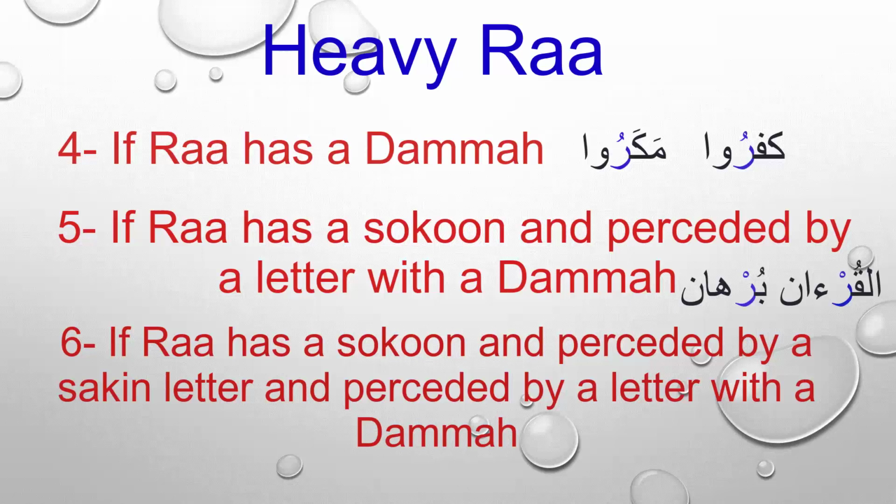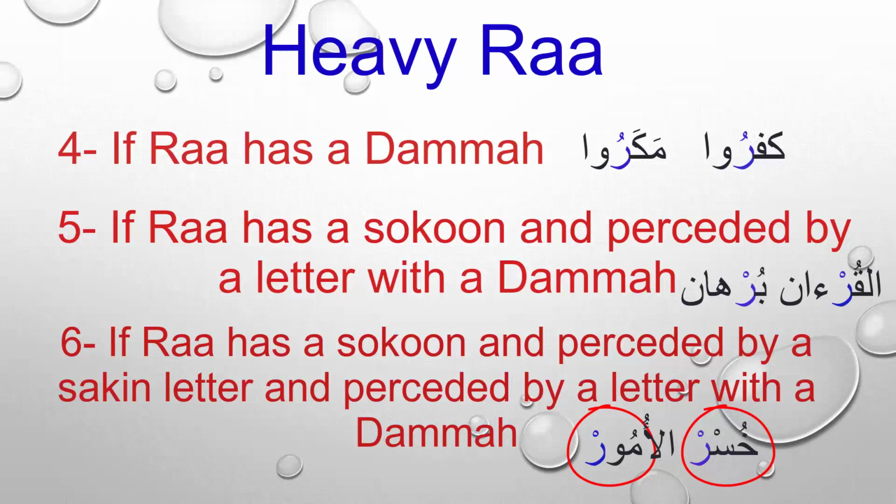Like in the word khusr. In the word khusr, Ra sakina, preceded by a second sin, preceded by Kha with dhamma. So it's gonna be heavy. Also as in the word al-umur. This is also a heavy sound.